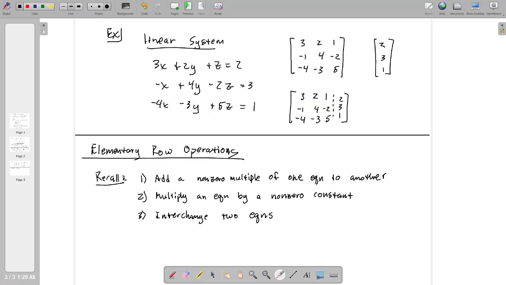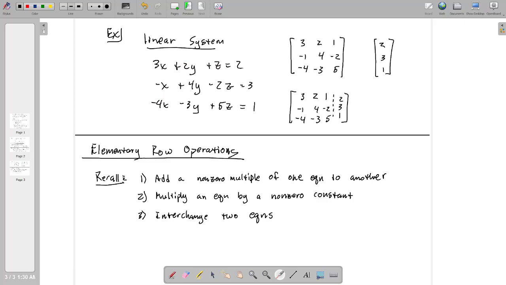And -4, -3, 5, 1. So each row is one of our equations. Each column represents the coefficients of one of the variables. So we have three common variables, x, y, and z.